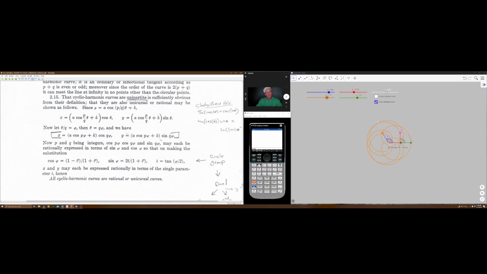That's the key, those two words right there. And when I talked about these can lead to more curves that degrade to nothing than actual curves that lead to something, he gives them a name. They are either rational or unicursal.